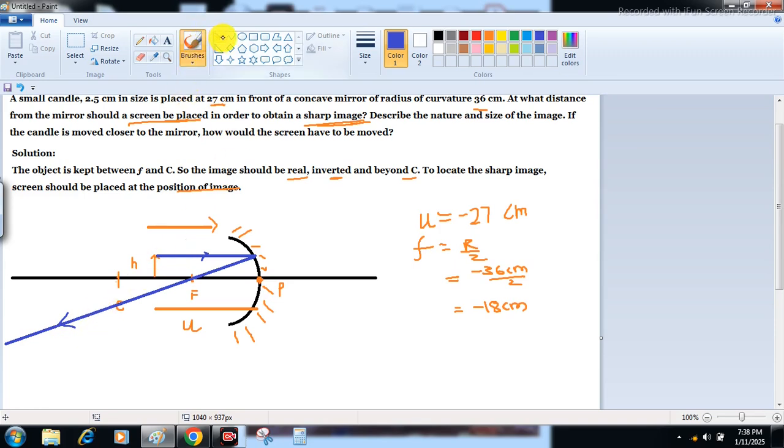Take another principal ray, which is incident at the location of the pole and makes some angle with the principal axis.